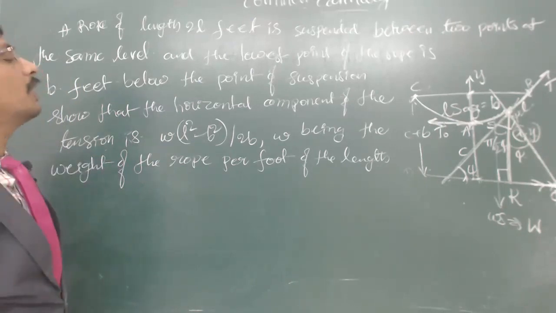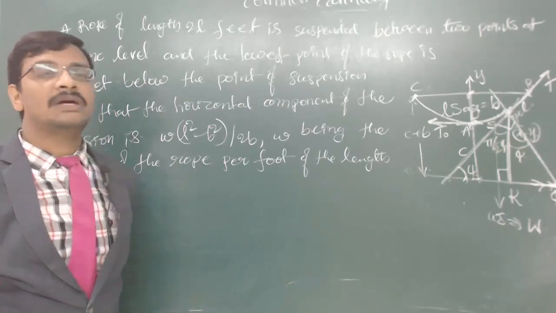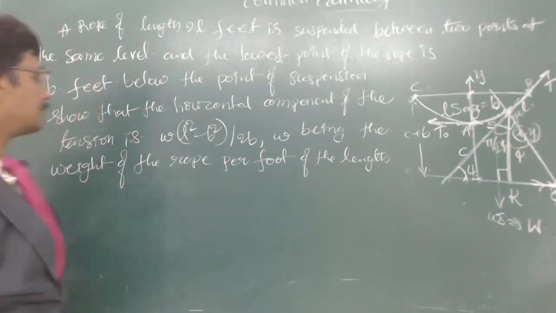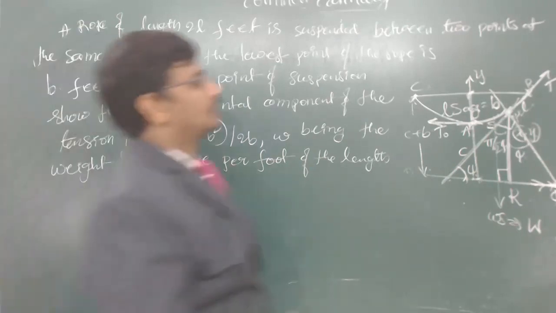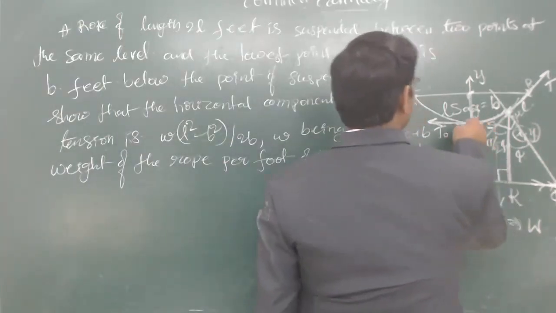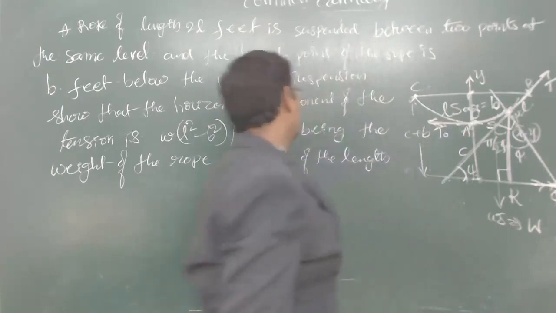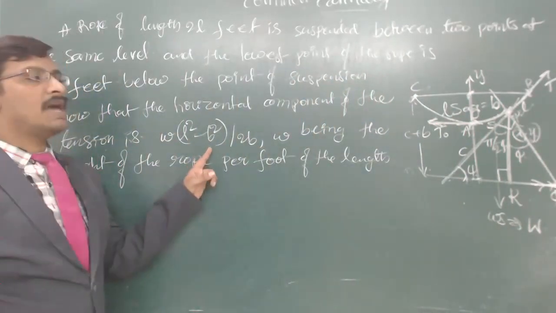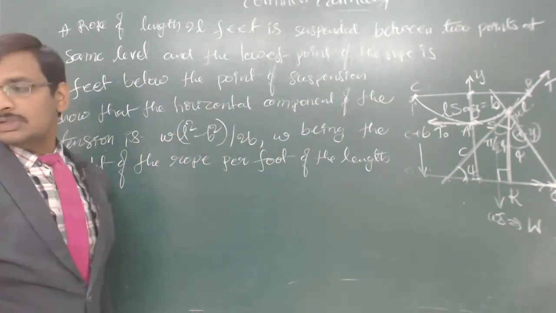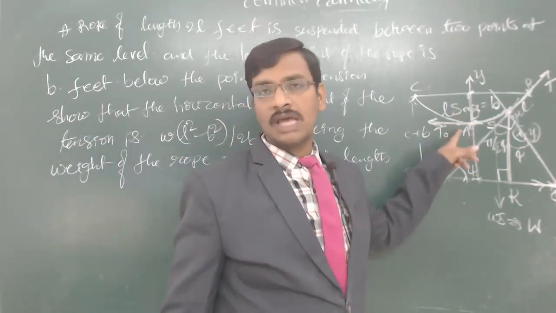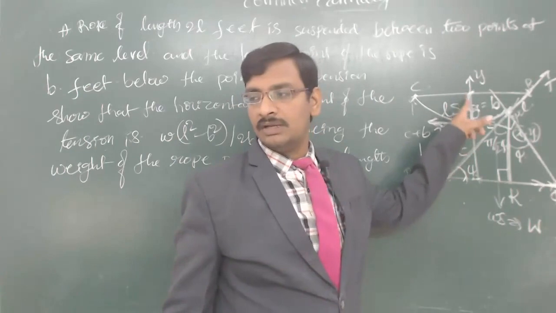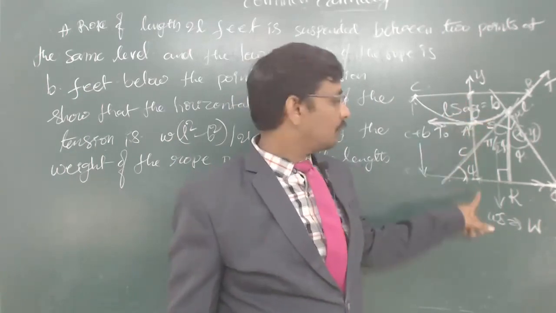We have to make use of the relations we have derived in the previous session. What he asked us to find out is the T naught value in terms of the sag. Sag is nothing but the height, related to the y value from here to here.